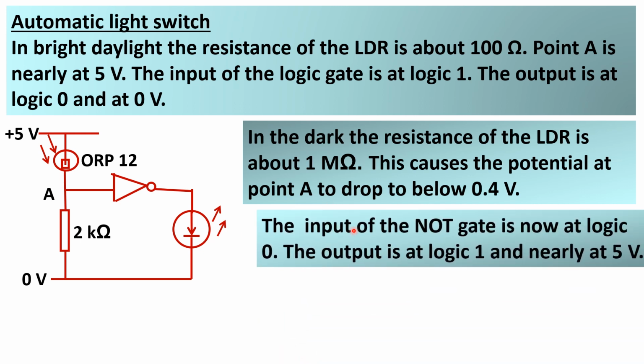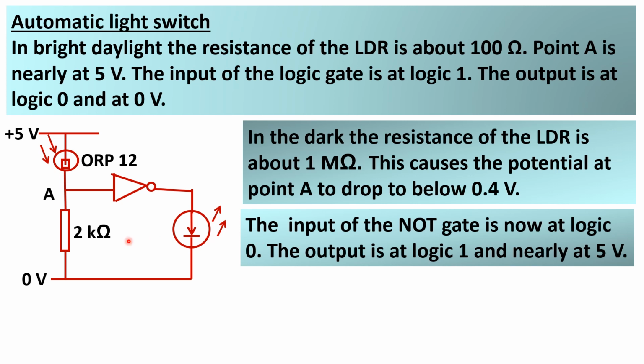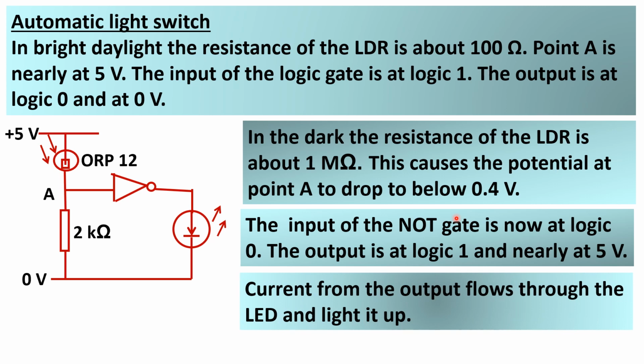The input of the NOT gate is now at logic 0, and the output is at logic 1, or nearly equal to 5 volts. The current from the output flows through the LED and lights it up.